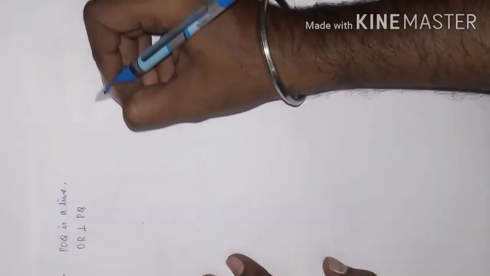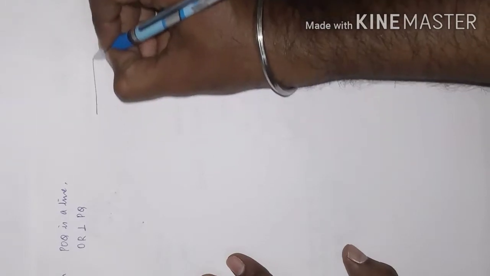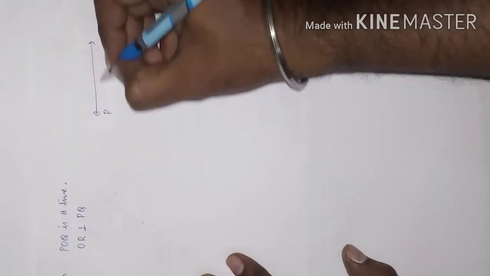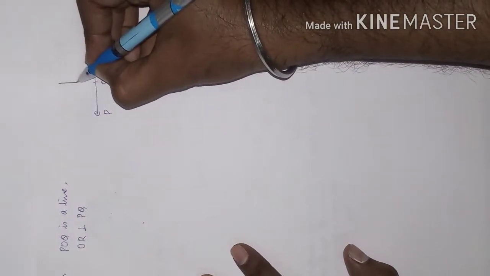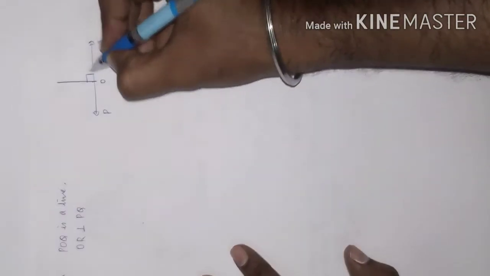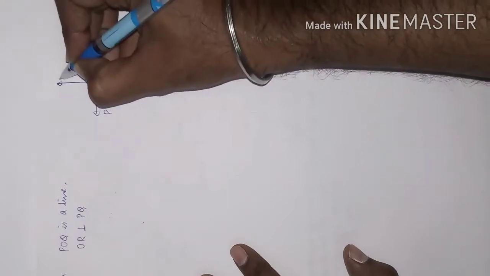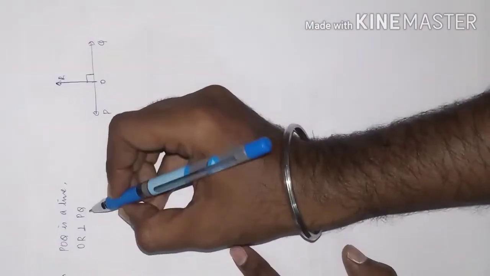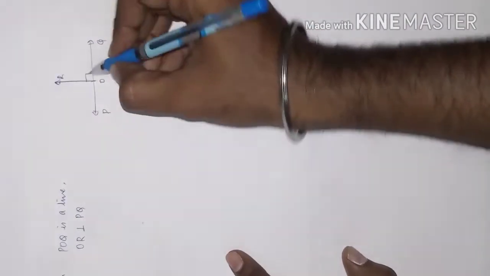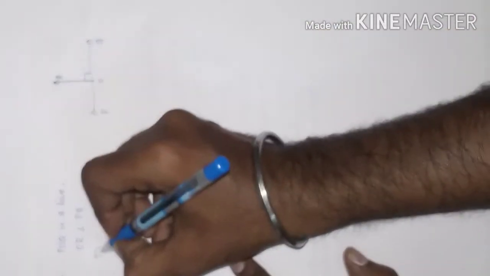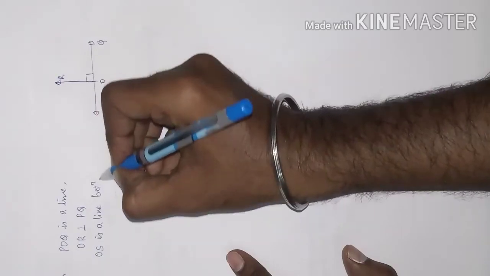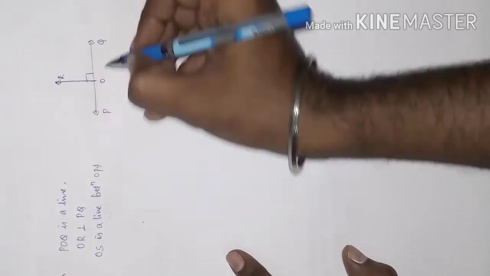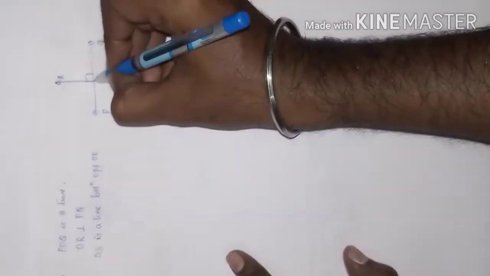I will draw the diagram along with this. This is P, this is O, and this is Q, and OR is perpendicular to PQ. They are saying that OS is a line between OP and OR. I'll draw it over here.